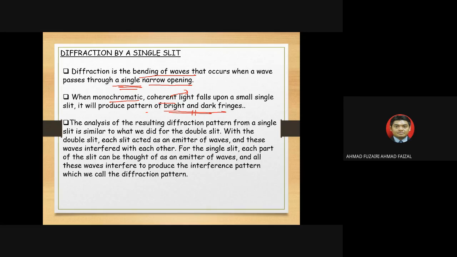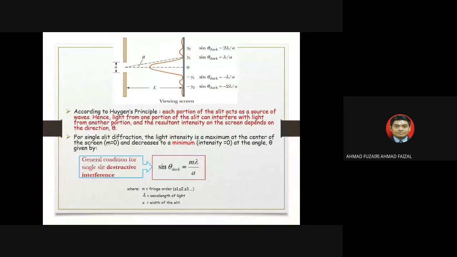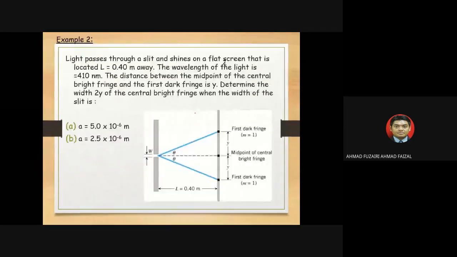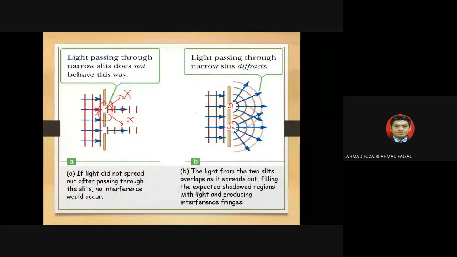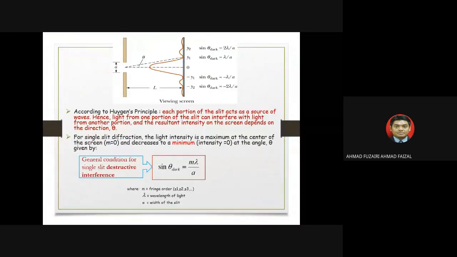The analysis of the resulting diffraction pattern from a single slit is quite similar to the double slit, but you can see the difference afterwards. From a single slit, you can see that there are dark and bright fringes. In the video, the madam has put the picture of the dark and bright fringes.